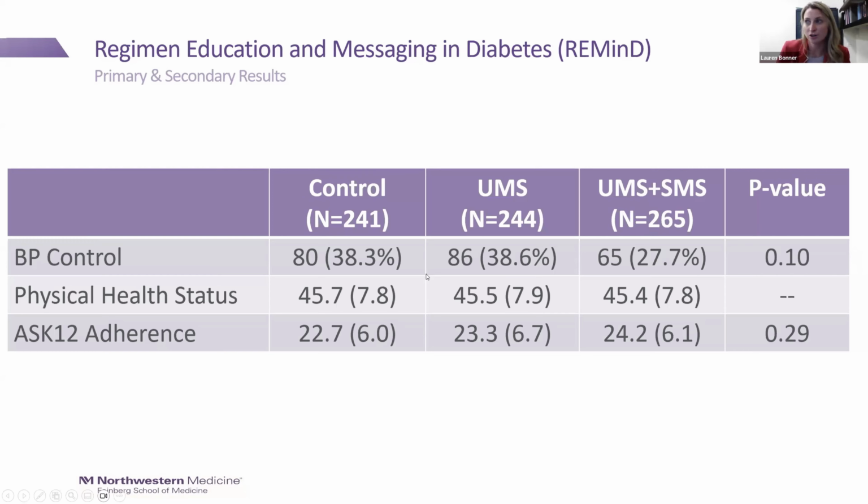Similarly, for blood pressure control, it's pretty similar between the control and the UMS, and a little bit lower actually in the UMS plus the text reminder arm. And then also similarly, pretty consistent means in terms of that ASC-12 adherence, higher being worse here, across arms.